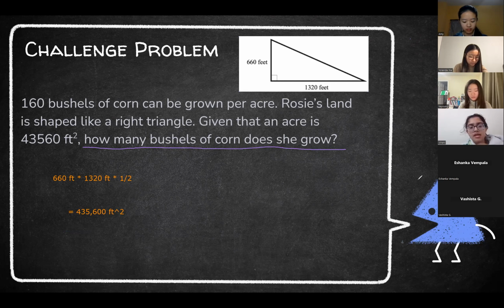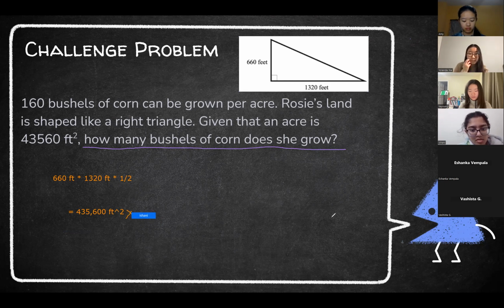But now we know that 160 bushels of corn can be grown per acre, and 1 acre is 43,560 feet squared. So I am going to first see how many acres of land she has, right?